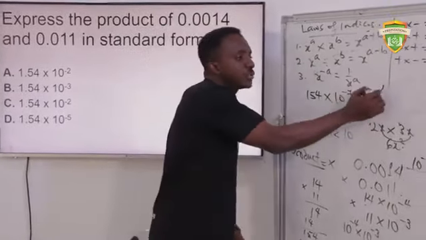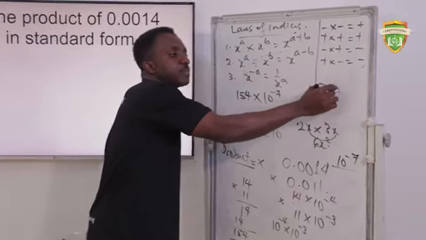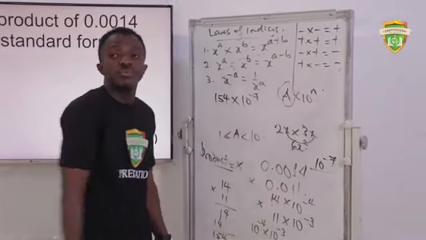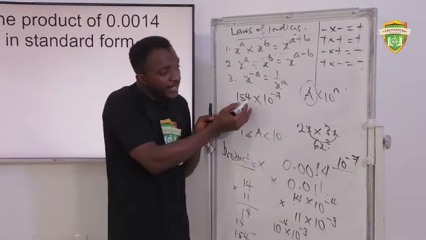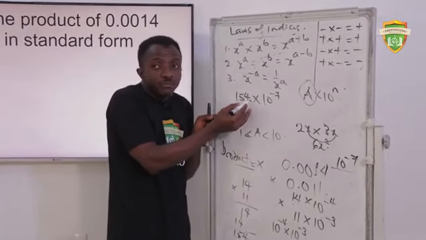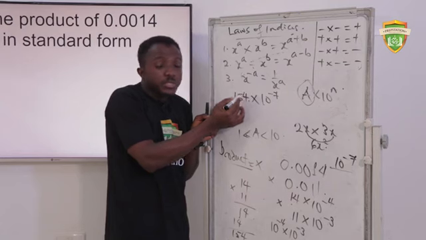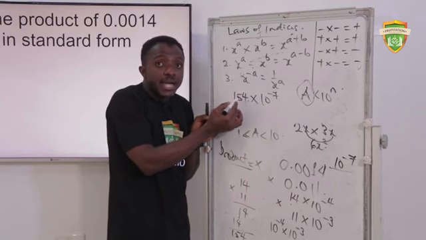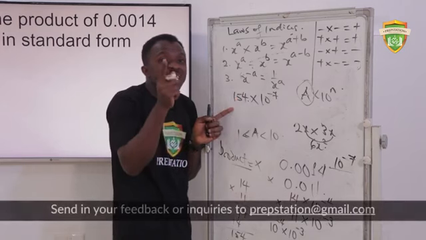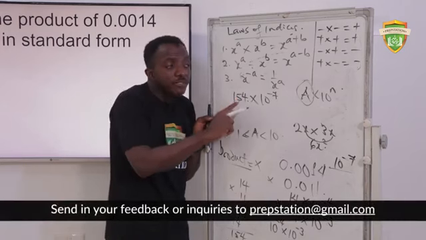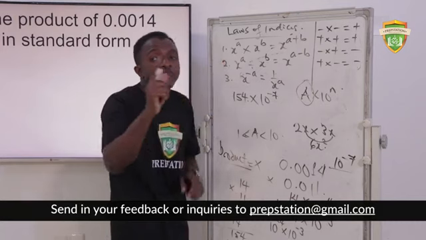Standard form, like I told you, is a times 10 raised to the power n. I told you a must be between 1 and 10. So this is 154. Now we have to move decimal points. When you move the decimal point to the left, the power is positive. When you move the decimal point to the right, the power is negative.